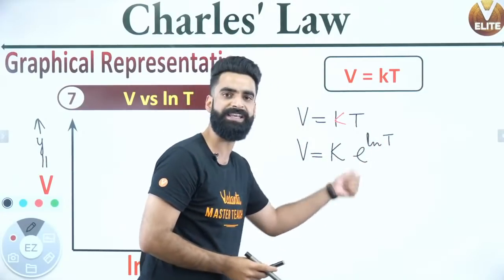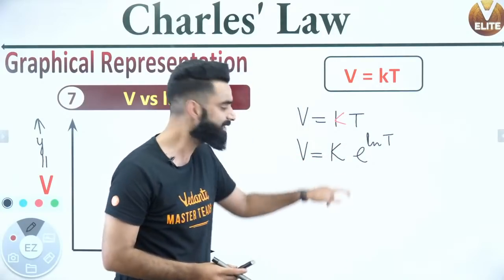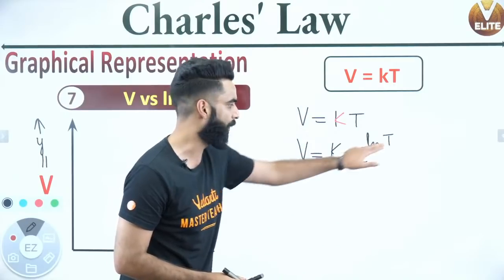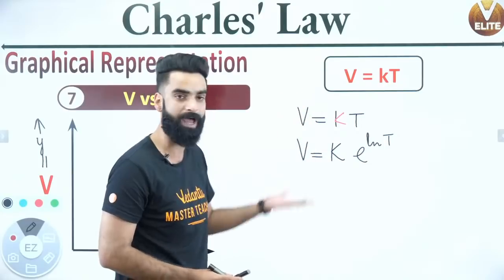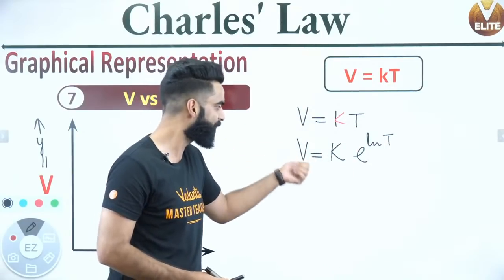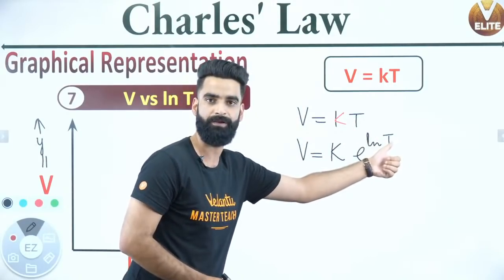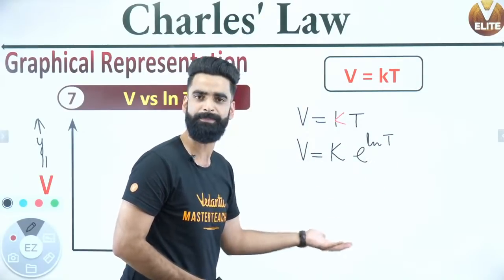So it gets converted again into V is equal to KT. So what I have done simply is convert V is equal to KT into this form. I can write this T as e to the power ln t, because e and ln will get cancelled out and I'll get T again, okay?